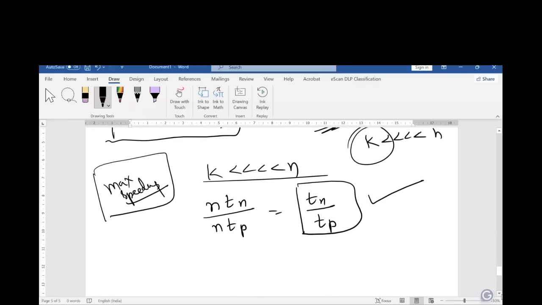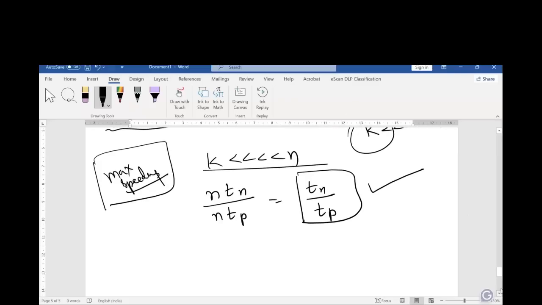Next is the theoretical value. Theoretically, we consider Tn equal to k Tp, that is, k segments times the time required for each. So you assume that the time it takes to process a task is the same in the pipeline and non-pipeline architecture.